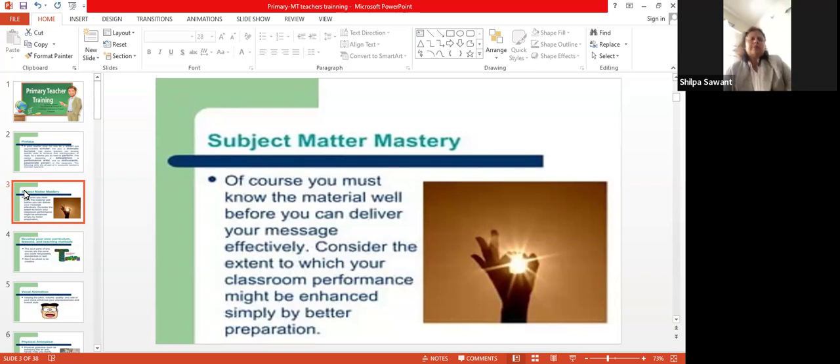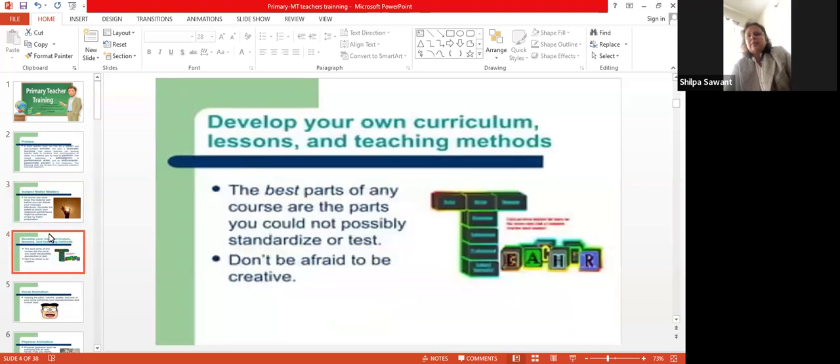When we talk about lower primary, for the first and second standard, they are the homeroom teachers or the mother teachers, as we call them. So they have to teach all subjects, that is English, maths, and EVS. So they have to have subject matter mastery, which is very important to make classroom performance good.